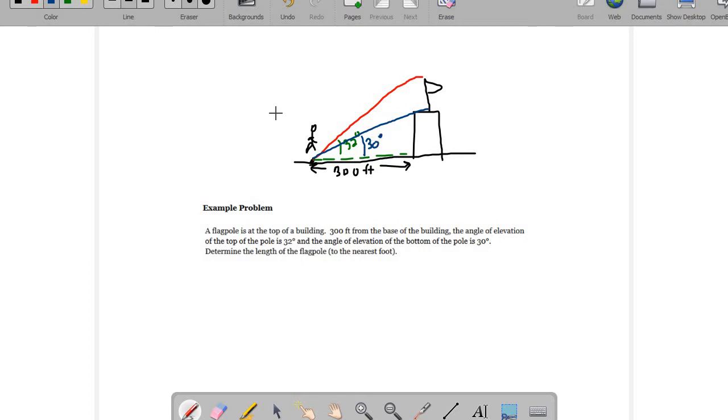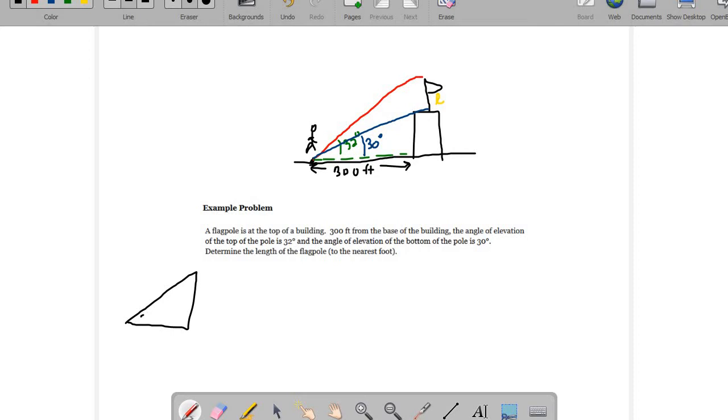Alright, so we're supposed to determine the length of the flagpole. I'm going to call this L. I'm going to take the right triangle out of the diagram. I'm going to draw the right angle first, then put in the angle.